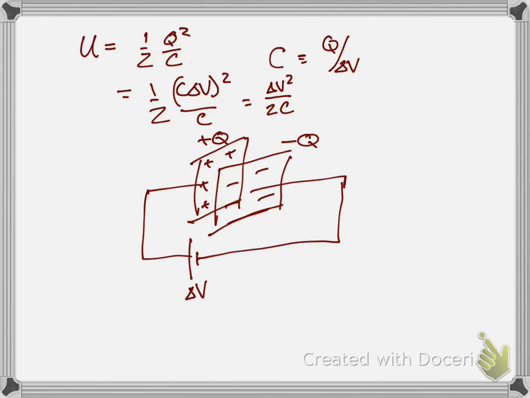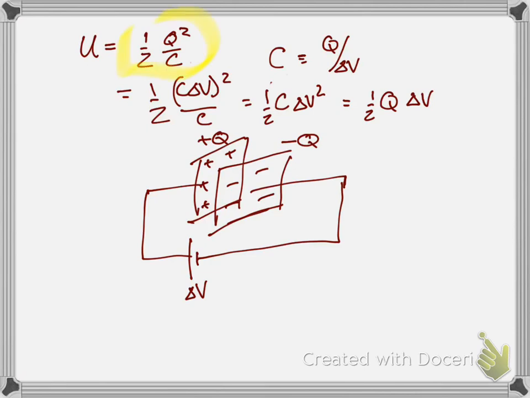And also equals, whoops, that was wrong. Did that math wrong. That's 1/2 C delta V squared, which also equals 1/2 Q times delta V.